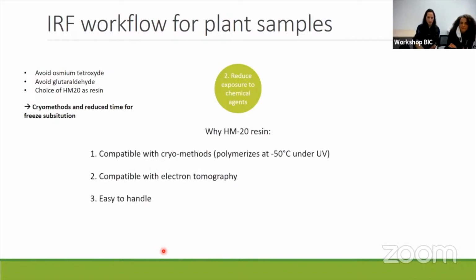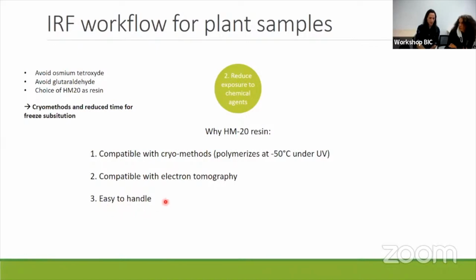So we use the HM20 resin, which is a nice resin because it is compatible with cryo methods, and it polymerizes at -50, which is very important because we don't use fixative agents. So we have to keep our sample cold at every moment. Plus, it is compatible with electron tomography, which gives us very nice images. And last but not least, it's a resin that is quite easy to handle.